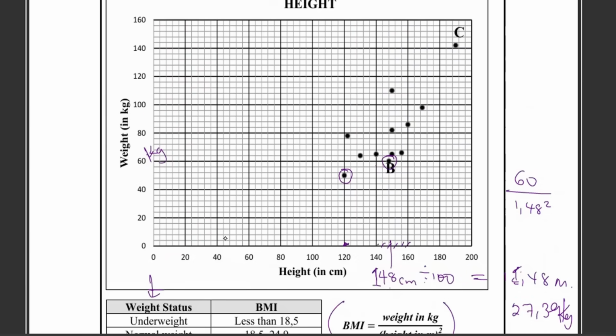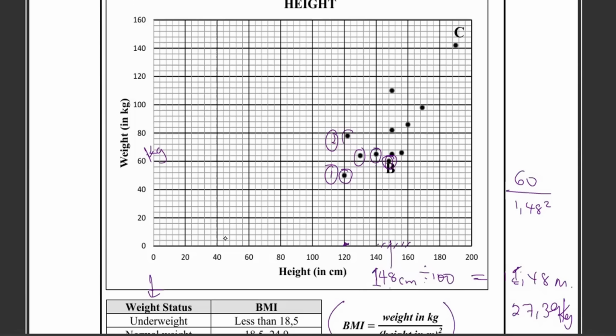So we have here, the first person is Z. We have 1, 2, 3, 4, 5. This one's beyond.